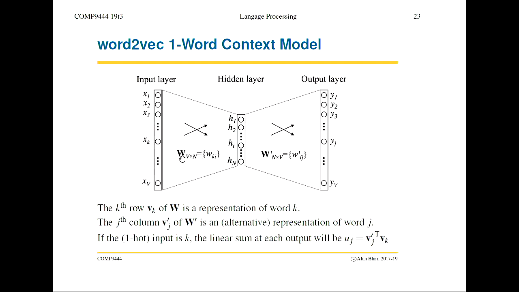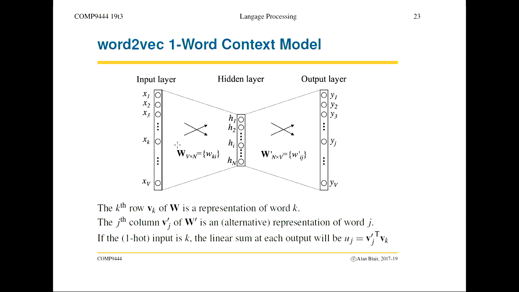And like I said, this is just linear. We multiply by these weights to get the hidden units, and then we multiply the hidden units by these weights to get the outputs. So we can write this in matrix notation. Let's think about this a little bit more.